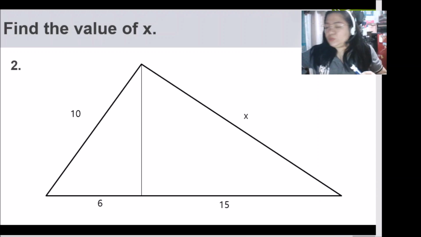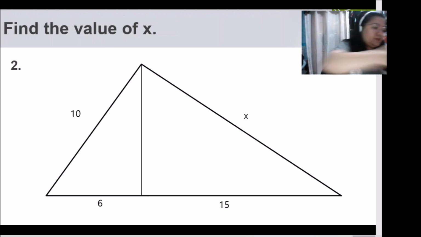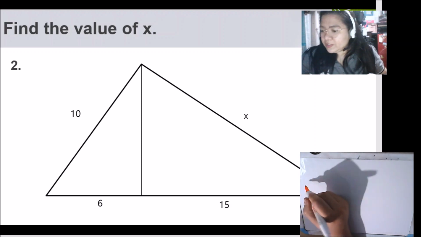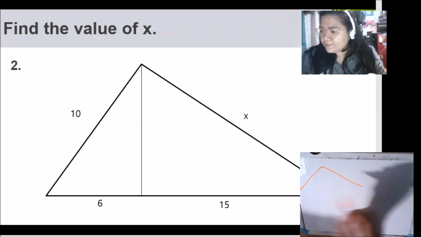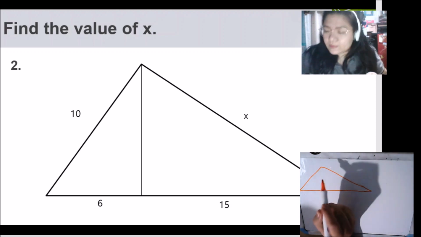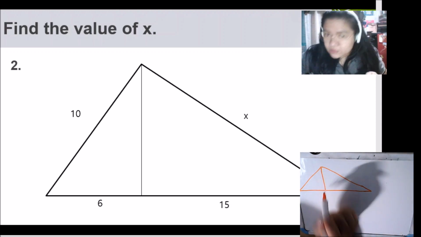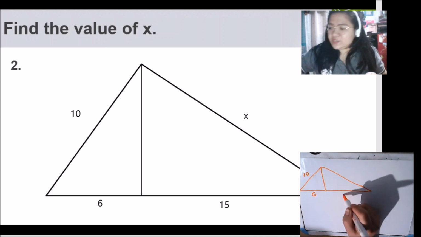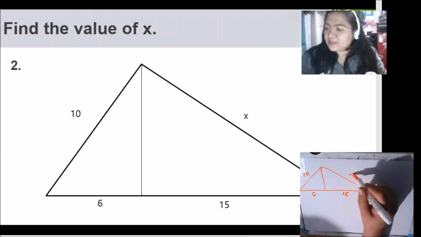So first, let us draw our triangle here. So here's the altitude. This is 10, 6, 15, and x.